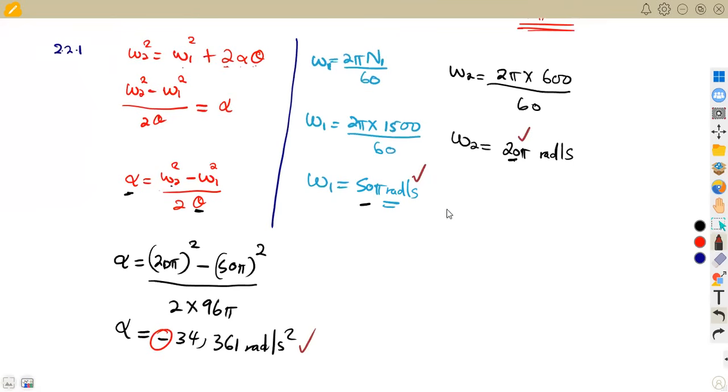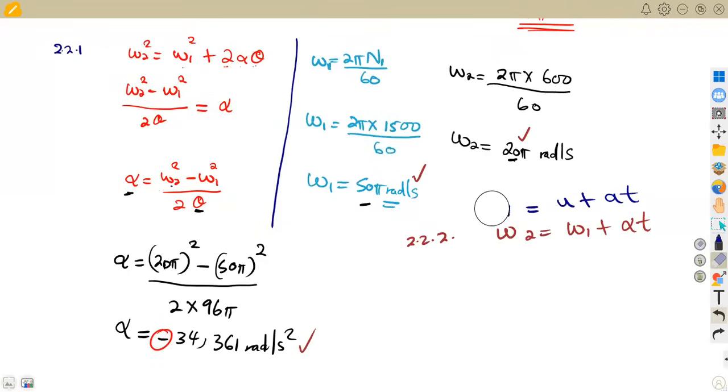So we can simply use the formula, if you still remember, omega 2 is equal to omega 1 plus alpha t, which is taken from our linear motion, where we say v is equal to u plus at. But now it's omega 2, final angular velocity, equals initial angular velocity plus alpha t.